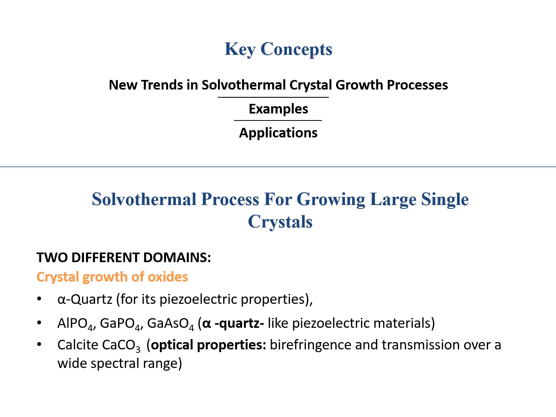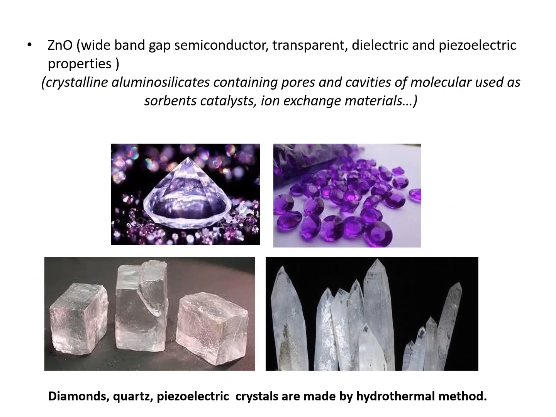The third one is calcite, calcium carbonate, and its optical properties are birefringence and transmission over a wide spectral range. The fourth one is zinc oxide, and its properties are that it is a wide band gap semiconductor. This is transparent and it has dielectric and piezoelectric properties.